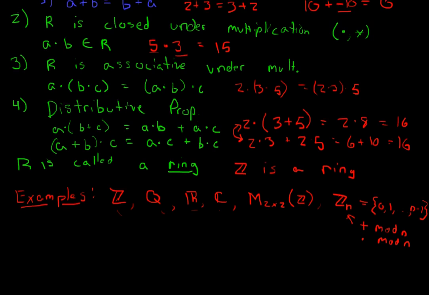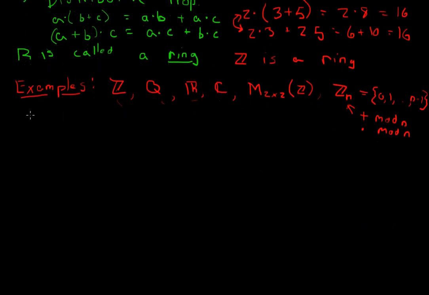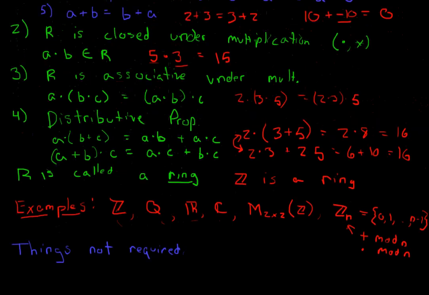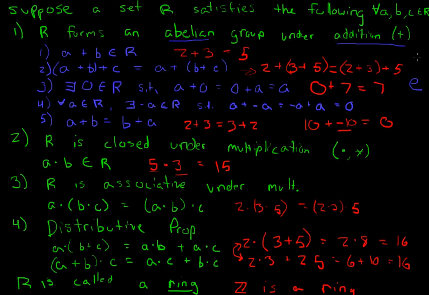A couple things that I want to go through: things that are not required of a ring. In other words, things that I did not mention in the definition of a ring. If you notice, I said that addition right here is commutative.